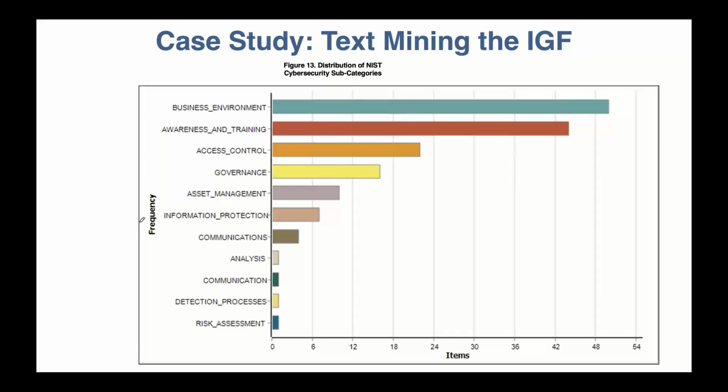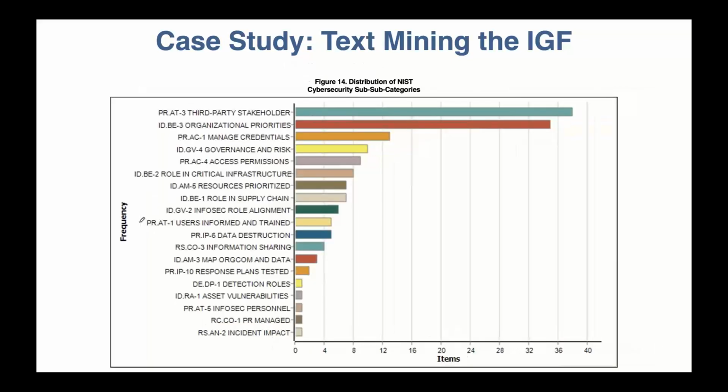What this is telling us is that the framework talks about creating a business environment to support cybersecurity and doing awareness and training around cybersecurity, which is good. But some of the other issues like governance and asset management, information protection, communication, people are not talking about those as much in this conference. And that's able to tell us.